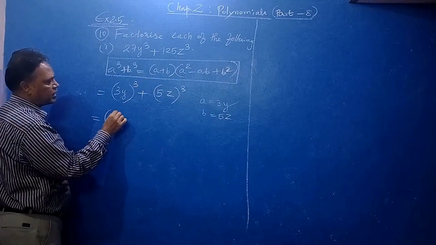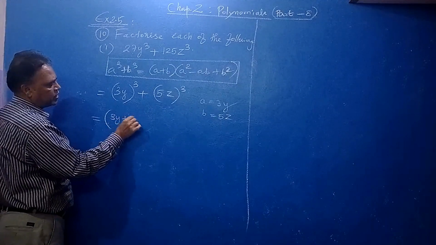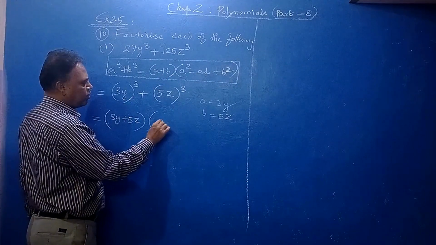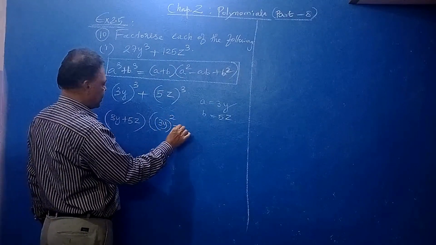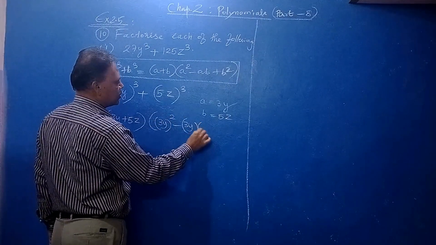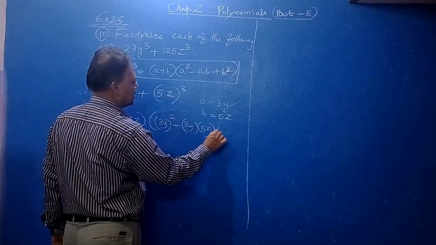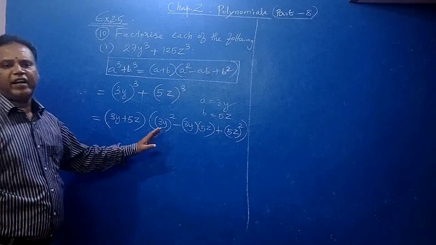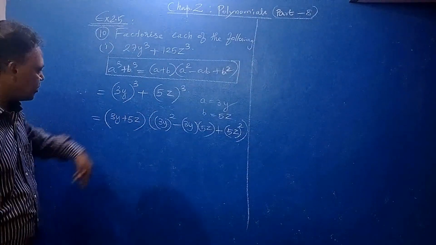So you put a plus b, that means 3y plus 5z, into, just writing in the formula form, 3y the whole square minus 3y into 5z plus 5z the whole square. That's all. Now simplify.